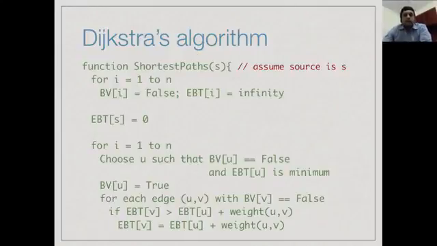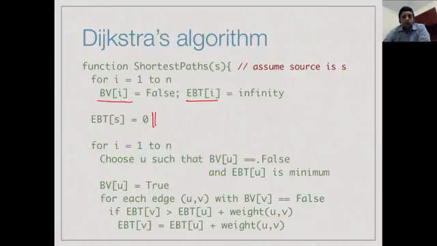So we have these 2 arrays, the burnt vertex array and the expected burn time array. So we initialize burnt vertex to false and expected burn time to infinity for all vertices. Now we set the source vertex expected burn time to 0, and now we choose the smallest unburnt vertex.